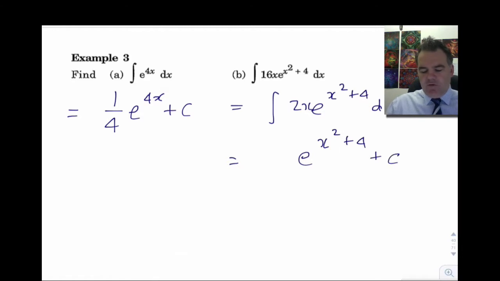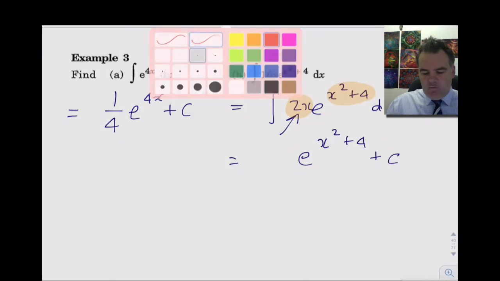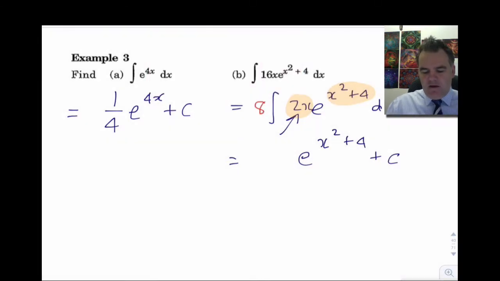But the derivative of this function here has to be what's out the front. In this case we're not quite there, we want 16x, so I'm just going to adjust for that and put an 8 out the front. And now that's correct. If you look at this step here, we now have exactly what the question says, that is 16x e to the x squared plus 4. I've taken the 8 out, so now I can just bring the 8 in, and now that's the answer.